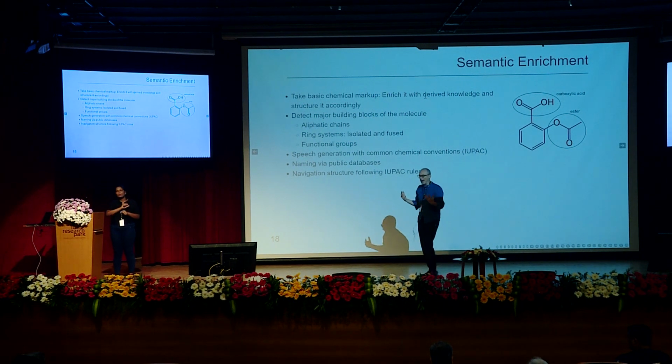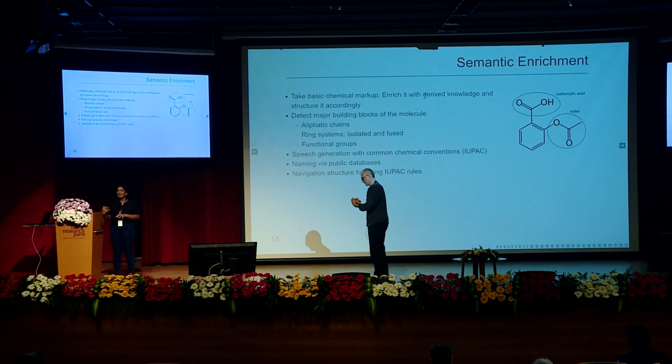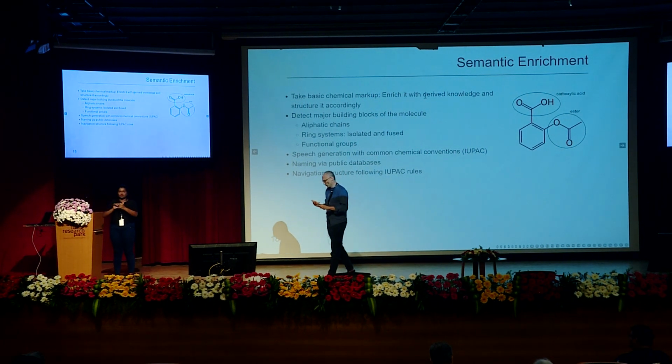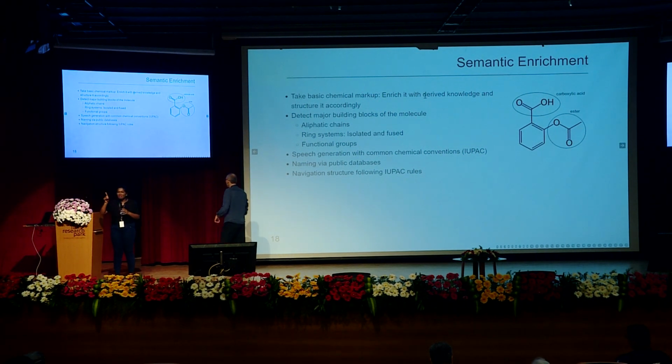And then it goes away and asks databases out there on the web, and there's a bunch of those. There's one, for instance, by the Royal Chemistry Society, and I think it's called ChemSpider. There are others from the National Institute of Health, where you can just send a partial chemical specification, and they come back with a name, for instance.